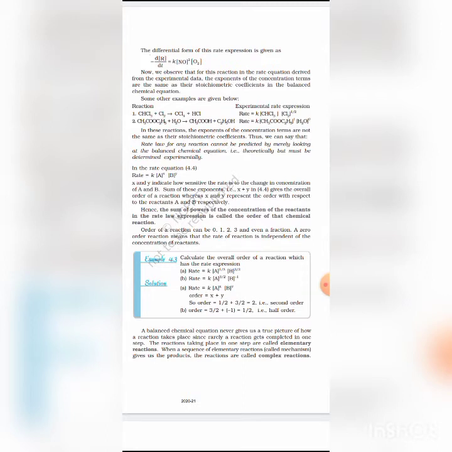Therefore, change in unit of concentration does not alter the value of K. T half, that is half life of a reaction, is proportional to 1 by K, which implies that the time taken for completion of any fraction of the reactant into product is independent of the initial concentration.